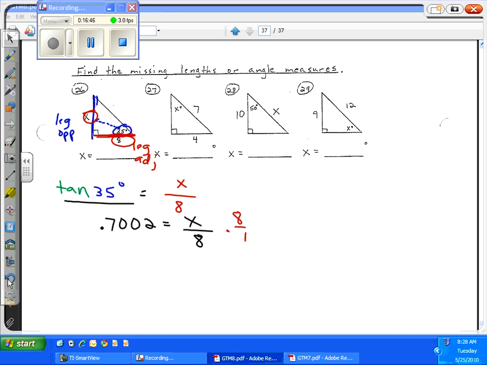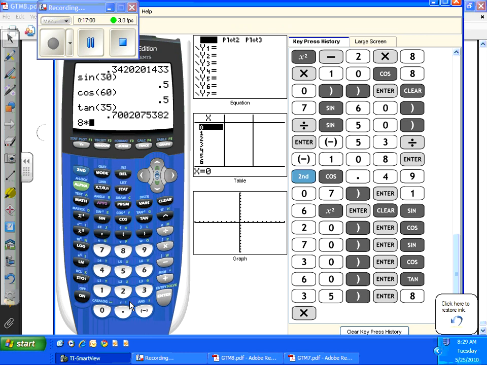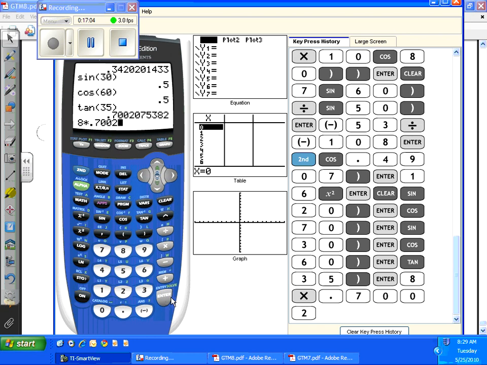We then would undo division by multiplication. So we would multiply both sides by 8, and we would get x equal to 8 times 0.7002, which rounded is 5.6.